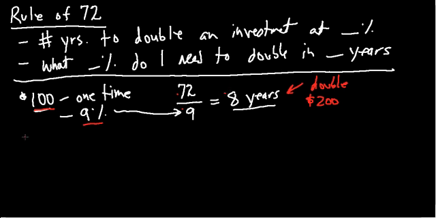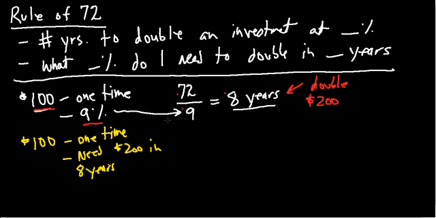Okay. Now let's twist that around. You can see how it works the other way. Suppose you have $100 to invest one time, and you have this goal: you need $200 in 8 years.